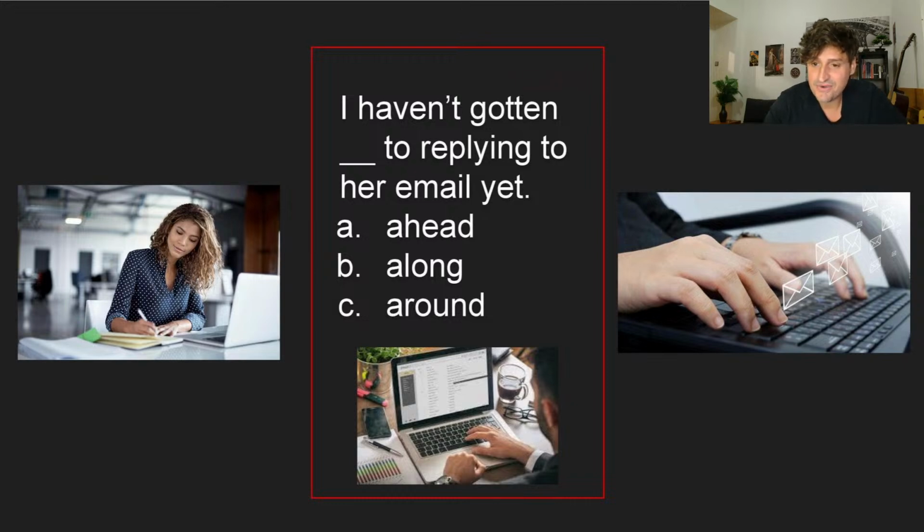So, you haven't had time to reply to her email. I haven't had the time. I haven't gotten. Remember, that's American. British, it's I haven't got. Gotten doesn't exist in British English. In American English, we standardized it.